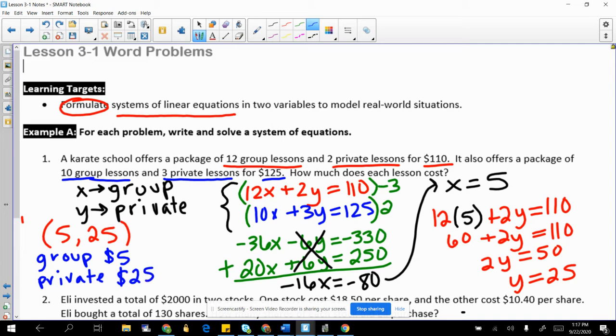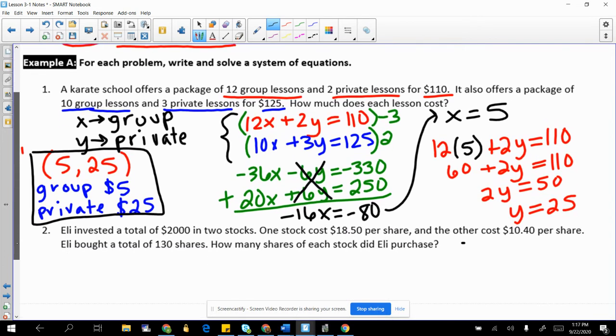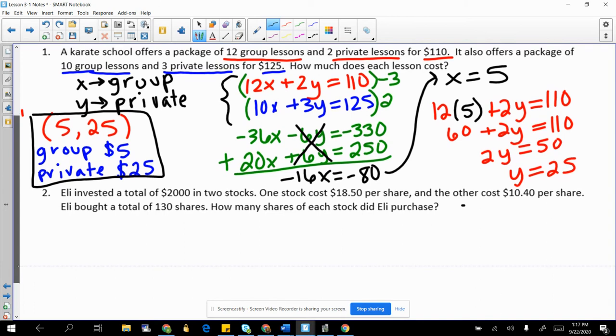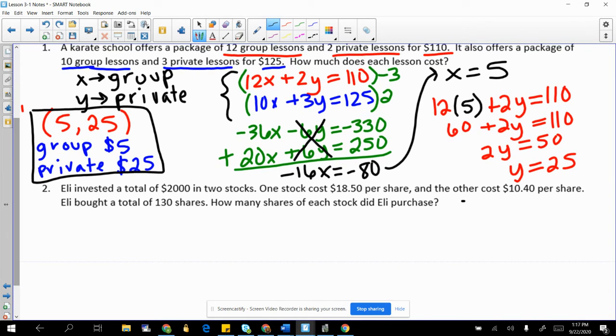Okay, and that is your final answer. And you will need to, because it is a word problem, explain your answer in context, like I did there. So group lessons, $5, private lessons, $25. All right, cool. Let's go ahead and try another one.